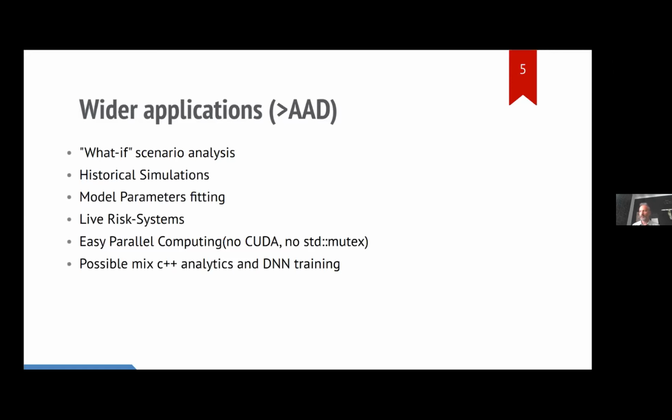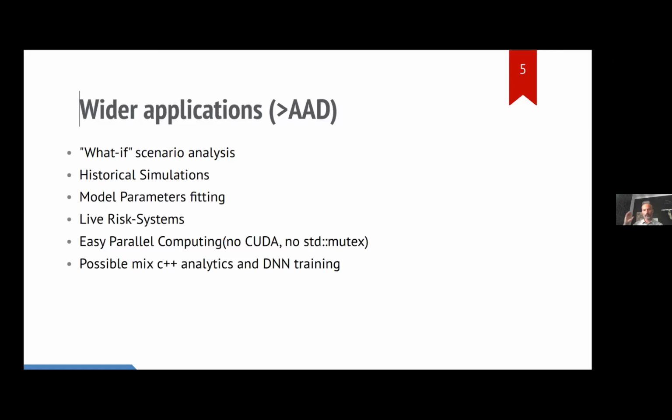You can do things like mixing your C++ analytics and neural networks. And what do I mean by this? If you have a process simulated in C++, and then you want to have some kind of function that you want to fit, and you want to approximate this function using neural networks, you can differentiate through the whole thing.